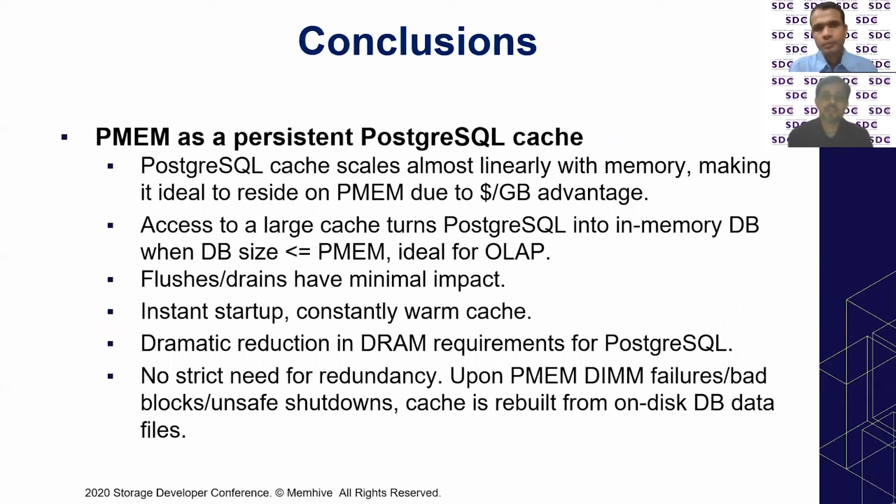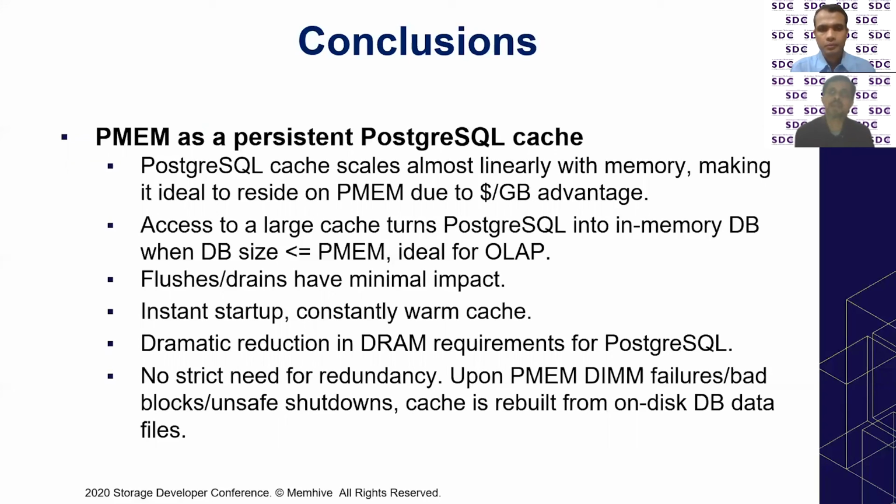Okay, so here are the conclusions from various things that we have talked about today. First, let us talk about the conclusions that we have drawn with persistent memory being used as a Postgres persistent cache. If you want to have a lot of your database coming out of warm or really close to memory speeds, you could use a persistent cache from Memhive, and it scales linearly as you keep adding more persistent memory into the server.